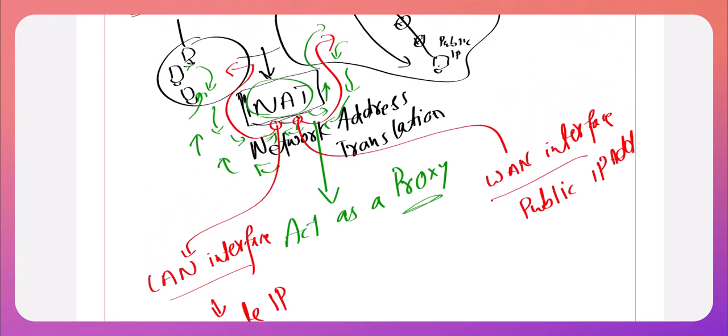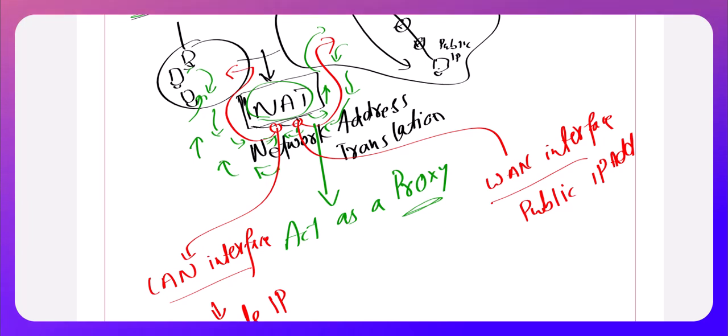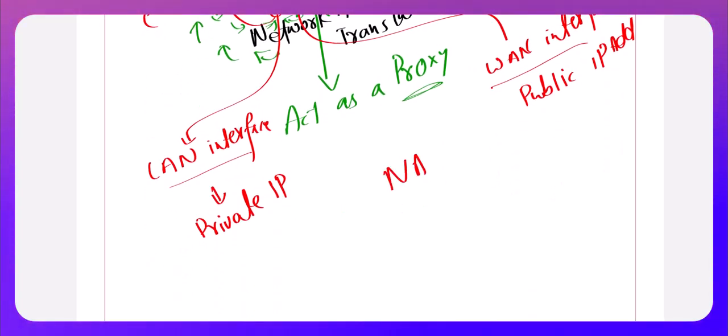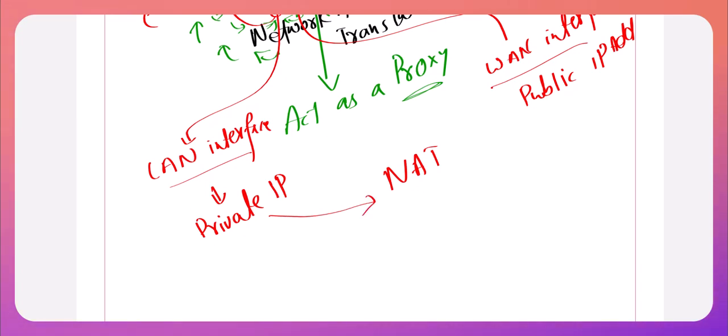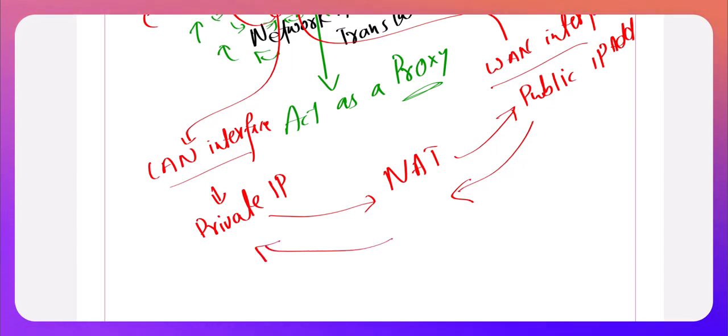If you have a single public IP address on your WAN, then even if you have thousands of private IP addresses, no problem. The NAT will do the translation. The request comes from the private to the NAT, NAT forwards it to the public, and whenever the response comes, it gives it back to NAT, and NAT translates it to the private.